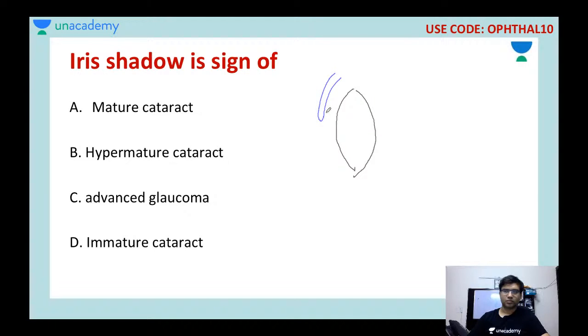So very good. The answer here is immature cataract. Now what is happening as an iris shadow? When the light rays travel and they hit an object, they can present a shadow at a surface.